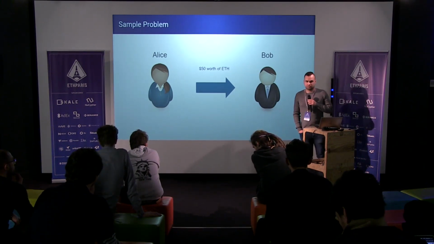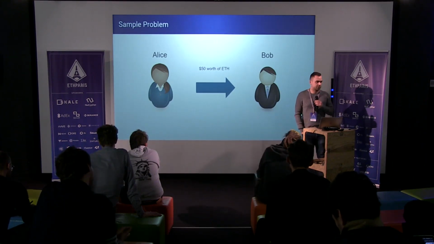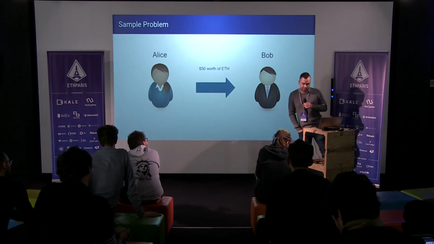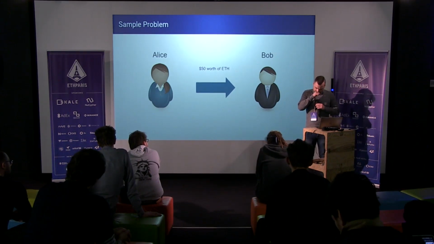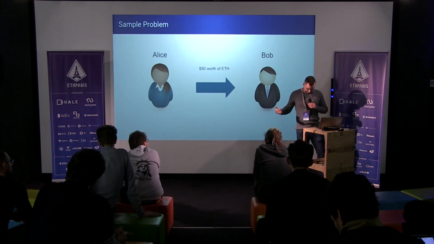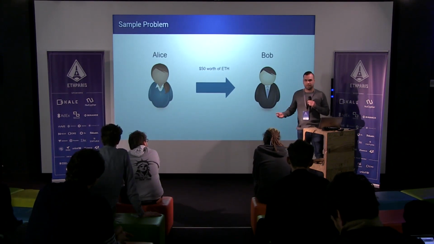Alice has a website. Bob is contracted to do SEO for that website because Alice wants her website at the top of Google. Like a standard SEO agreement. If Bob does his job right, then Bob's going to get paid $50 worth of Ethereum. But we want to do all of this on chain.